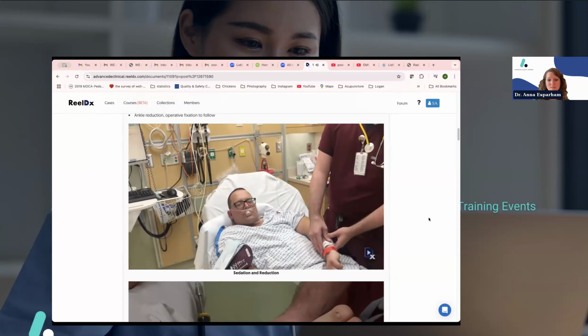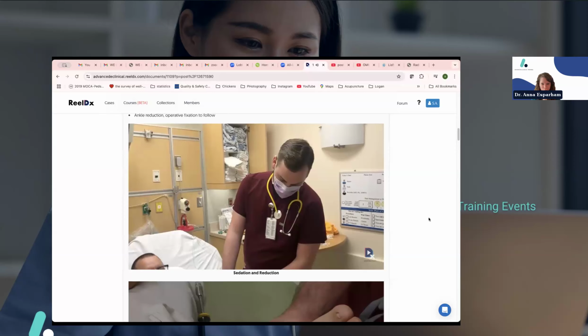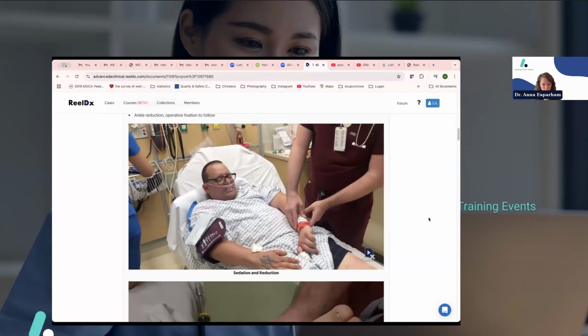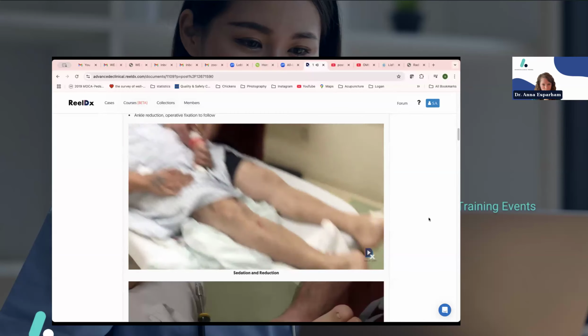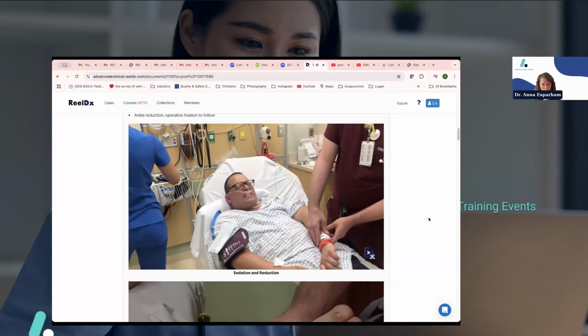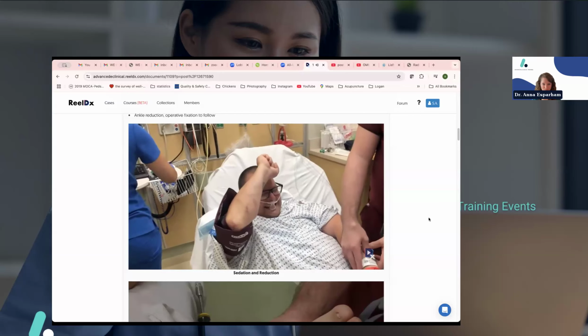We're here doing a timeout. You want to take us through this? Sounds good. On our timeout, this is Leonard Anderson, date of birth 6/18/1978. We're performing a closed reduction of a right ankle dislocation. No imaging was obtained because there's gross deformity. We have our meds on board, which include etomidate.